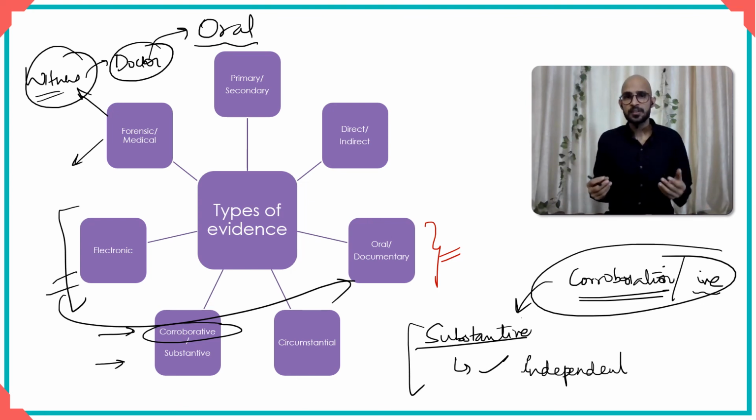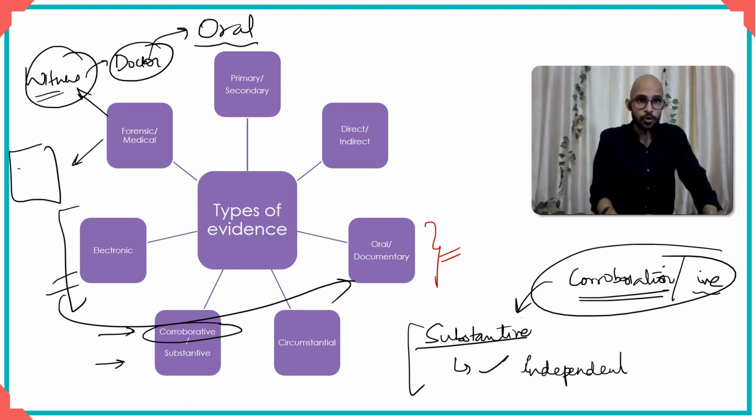So forensic evidence is medical evidence given in law. So we understand that if a witness comes and says it, it is oral. However, if the forensic report comes in the form of a document that is placed before the court, then forensic evidence can be documentary as well.